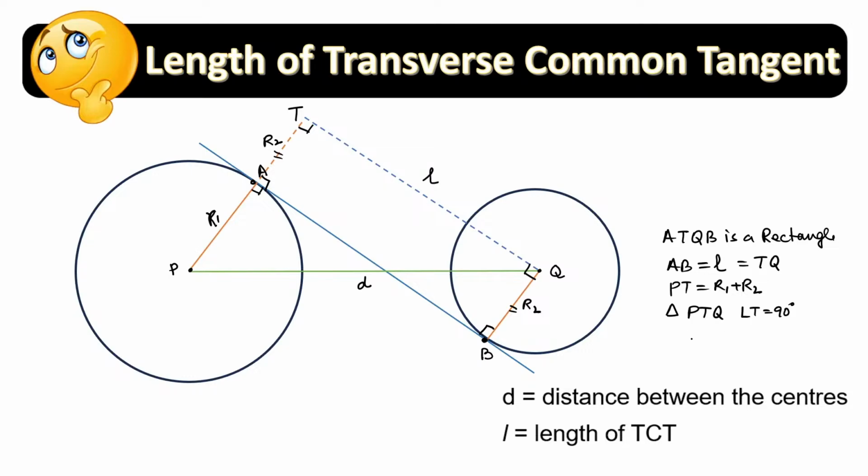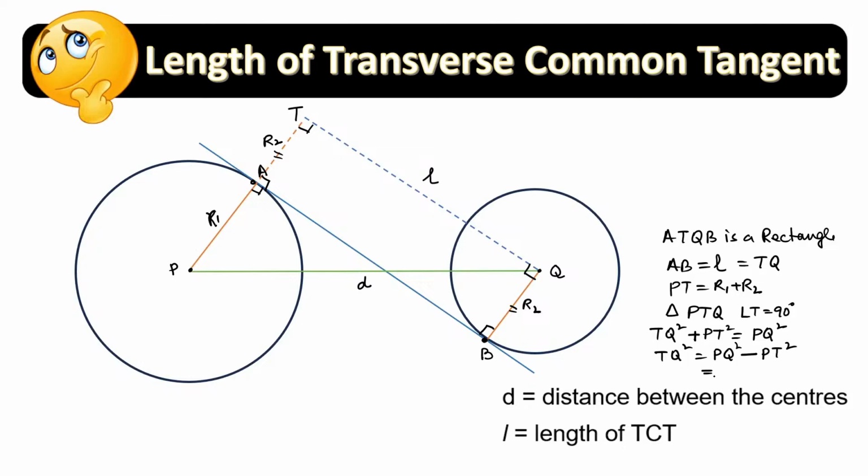Thus, using Pythagoras theorem, TQ square plus PT square equals its hypotenuse square, which is PQ square. So TQ square is PQ square minus PT square.